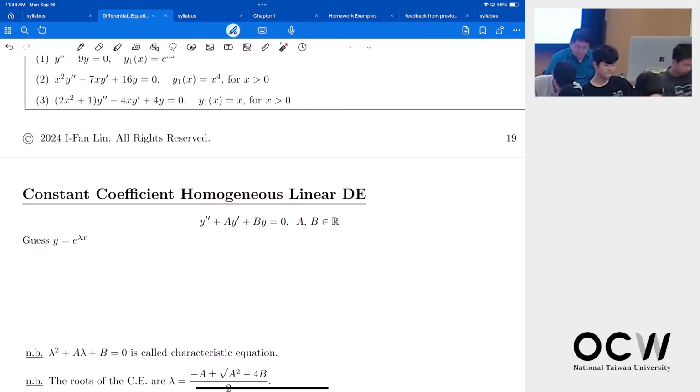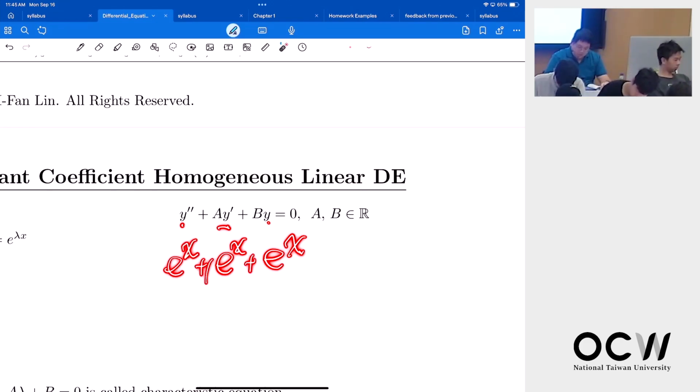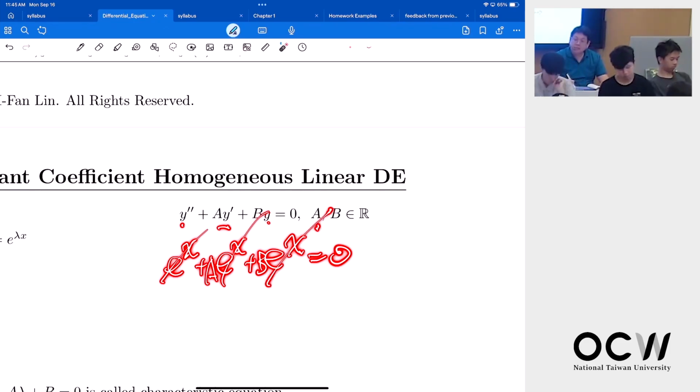Again, now we guess. We always guess. Do you know that for some functions, when you take the derivative, it becomes still itself again and again, and then you can cancel that? Like the exponential function, right? If y is e to the x, y prime is still e to the x, y double prime is still e to the x. Then I can cancel this exponential function.